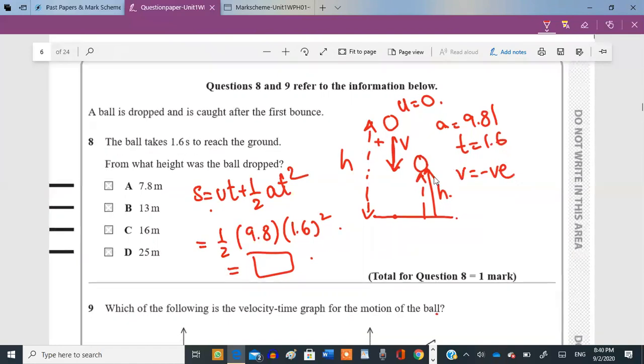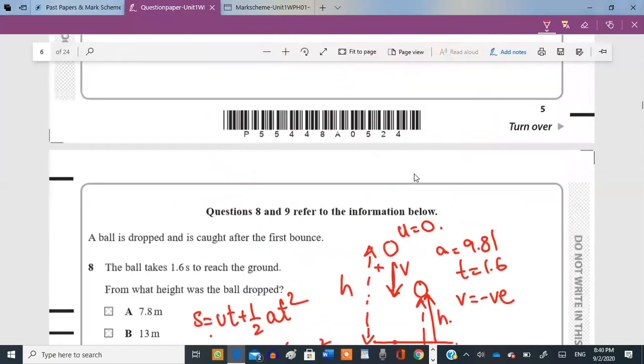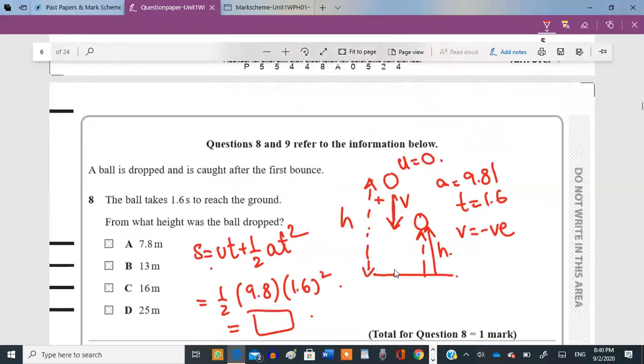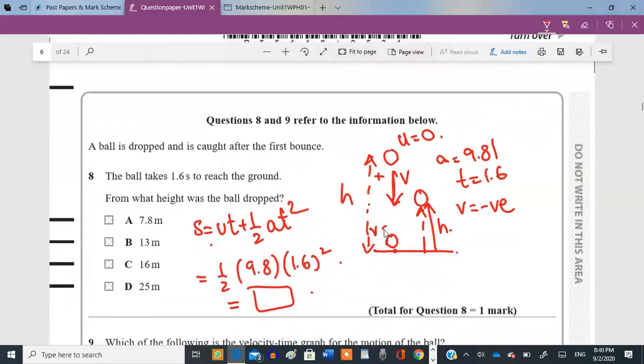So let's assume, and one more thing, just before hitting the ground, the maximum velocity that this ball will reach is going to be greater than the velocity with which the ball leaves, okay? Just before hitting the ground, its velocity would be, let's say, around 20 meters per second.